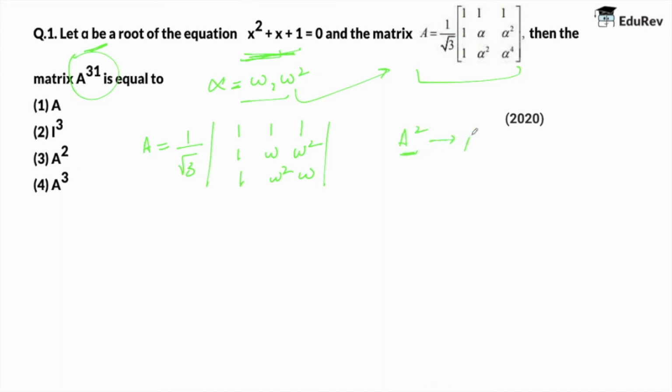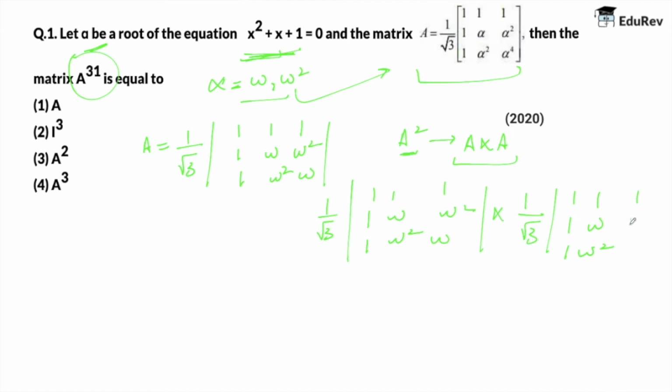I know that A square is nothing but A cross A, so we need to find A cross A.